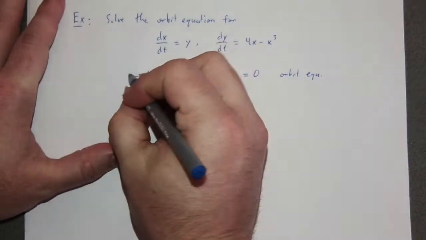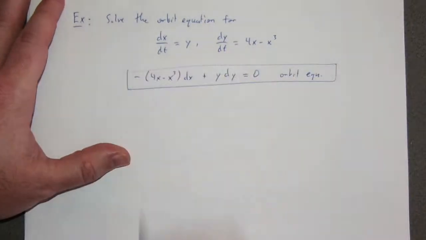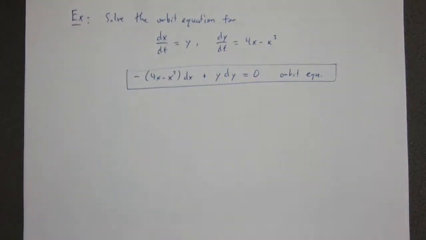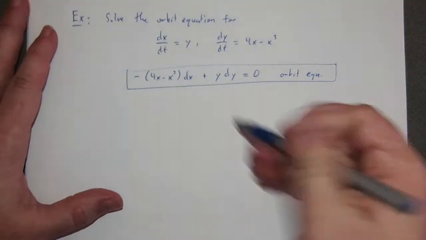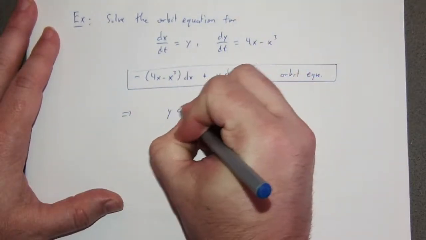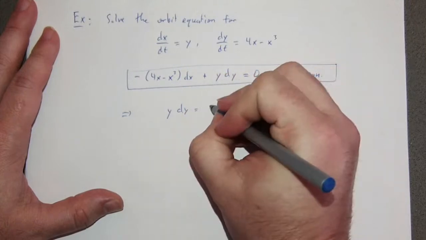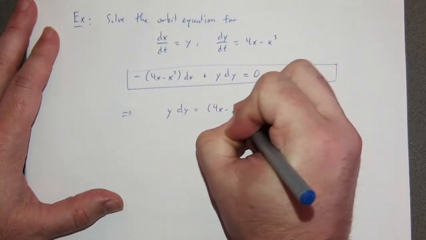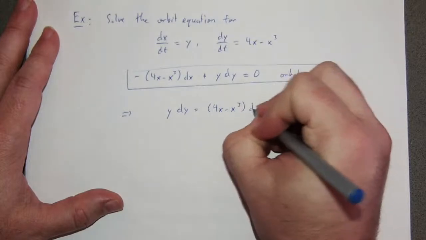Well, this actually is separable. This has a separated differential form here, just by adding this to the other side. So adding this to the other side, this tells me that y dy is equal to (4x minus x cubed) dx.